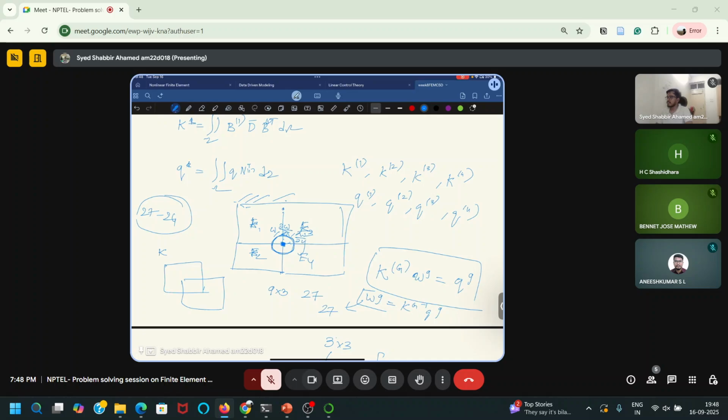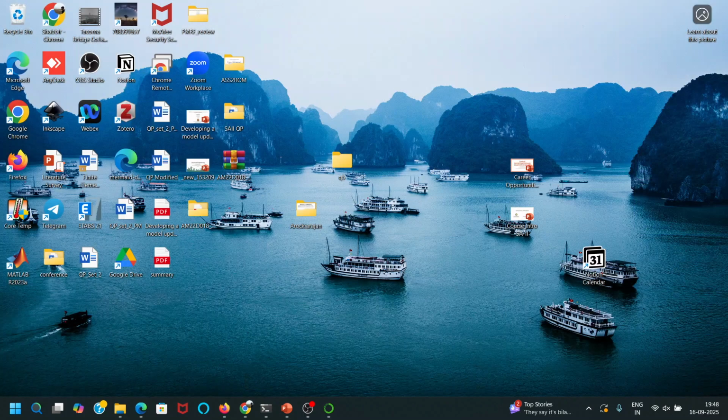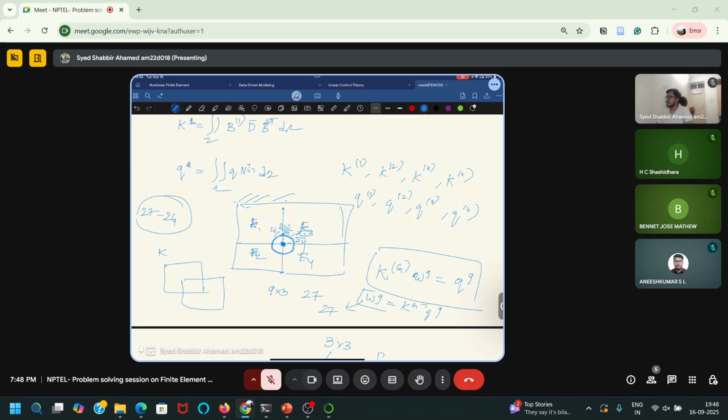I think the assignment also has a similar problem, in this way. Here we have only 2 elements.